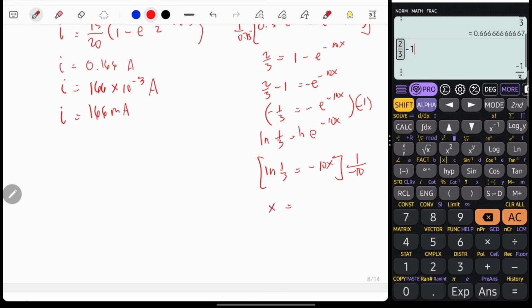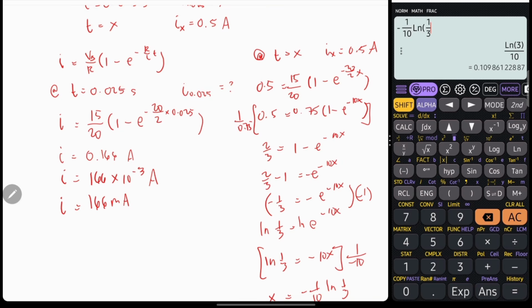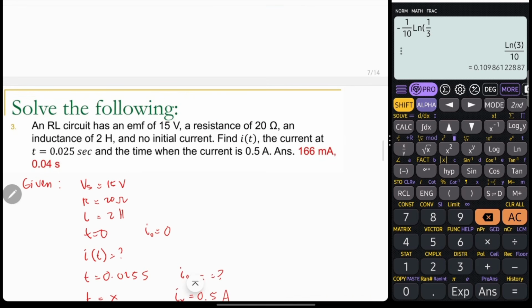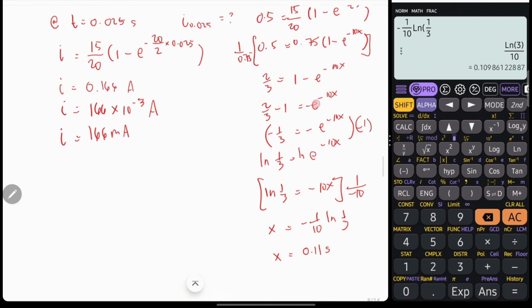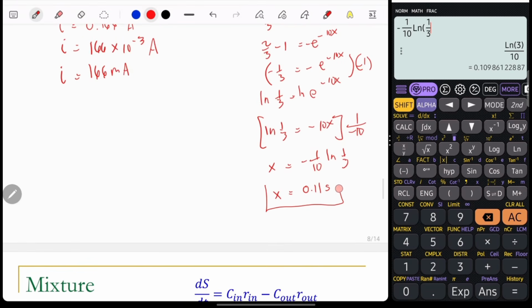X is equal to negative 1 over 10 ln 1/3, which is 0.11 seconds. This is not correct. That's it for RL series circuit.